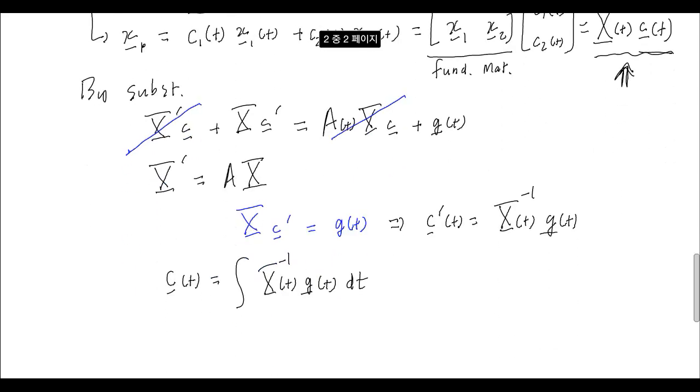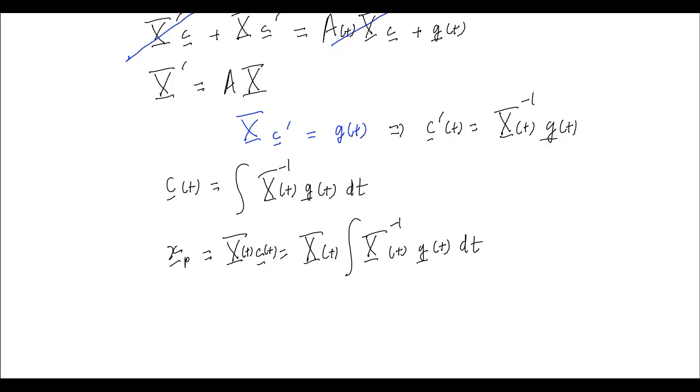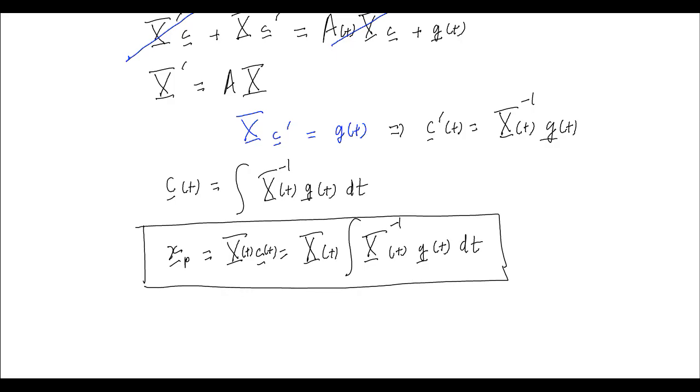By putting that information in, we can write the solution xp as X(t) times the integral of X(t) inverse g(t) dt. This is the formula for xp.